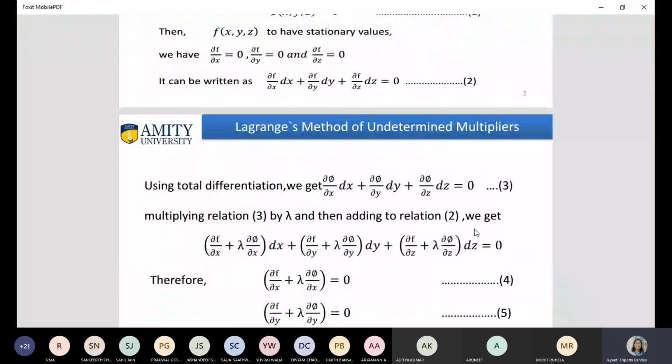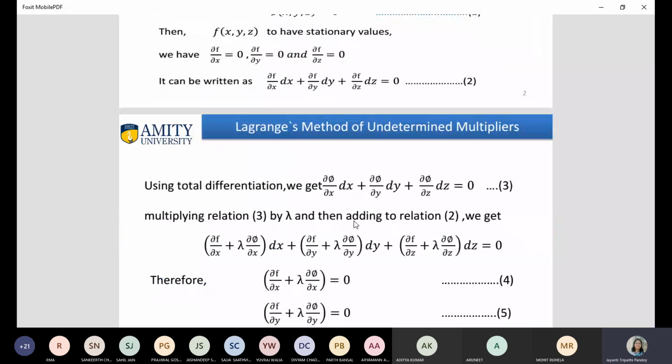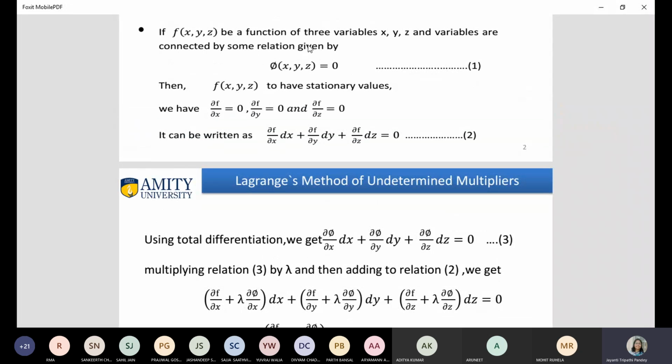Using the total derivative for phi, you will get this. Because phi(x,y,z) is 0, d phi will be 0, and d phi is this. Is it fine? Yes, ma'am.